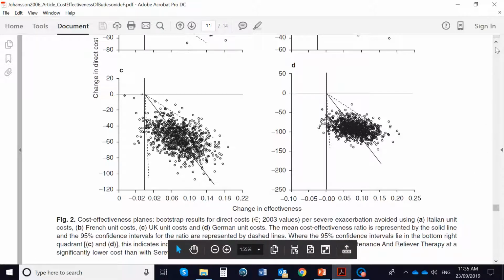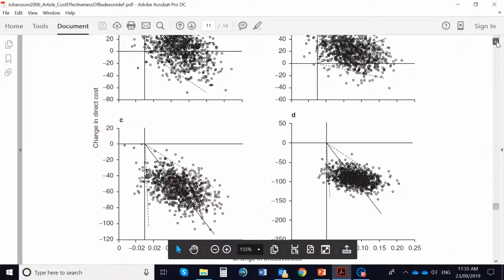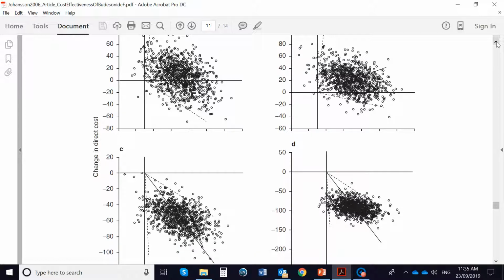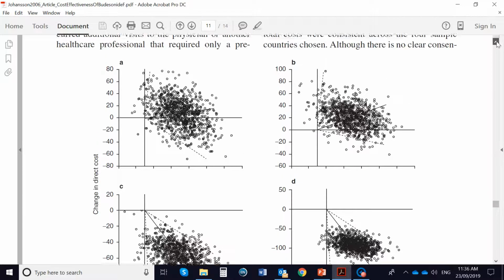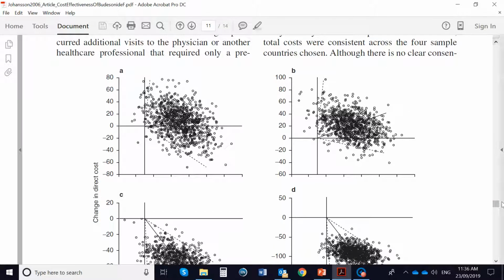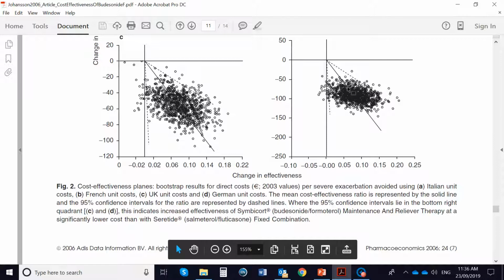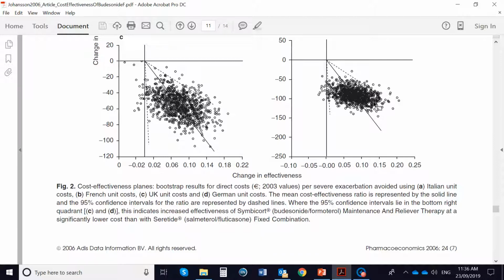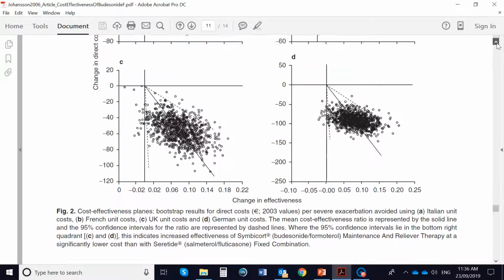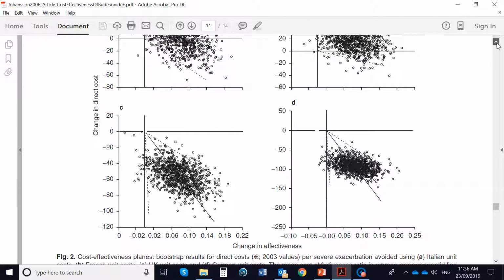So they look at four different economies, and you can see there's a significant difference between all of these. The neatest one is D, which is German. As you can see, this is the cost effectiveness plane.